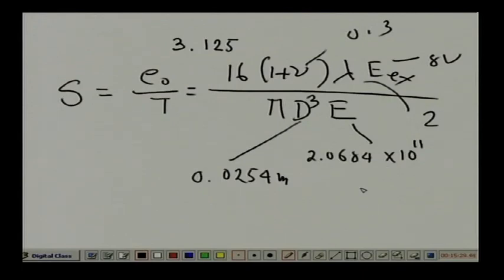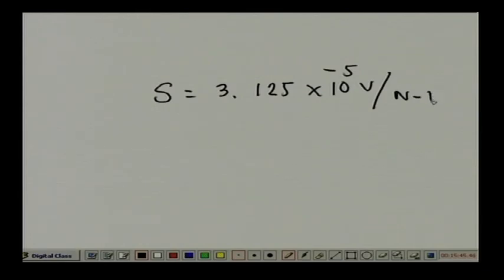If you calculate, the value of S will come up as S equal to 3.125 into 10 to the power minus 5 volt per Newton meter, right. Voltage by torque, so obviously it will come like this. Now, interestingly, the second part says, let me write the second part.